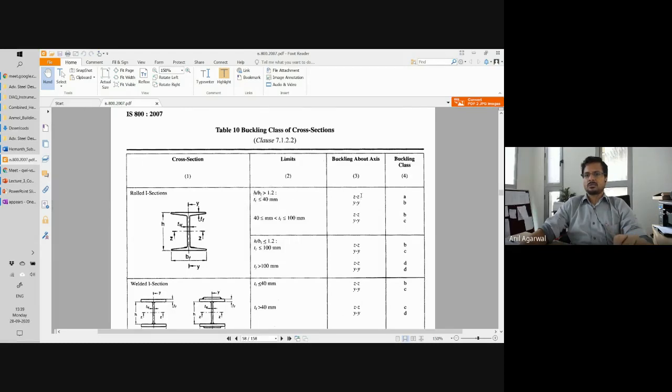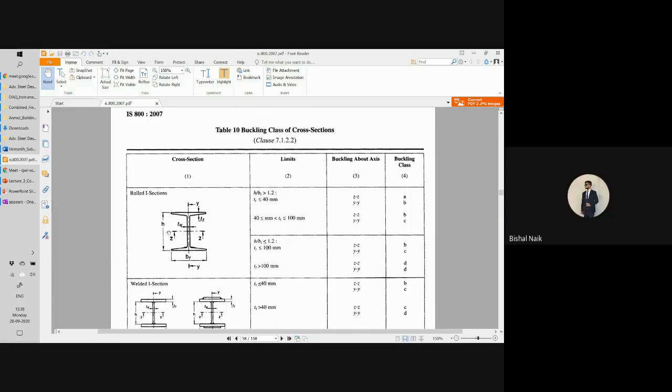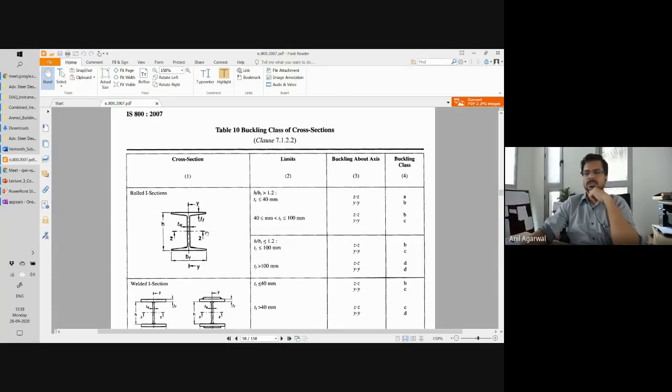If you look at this, about which axis buckling are we talking about? So if we are talking about ZZ axis, is that major axis buckling or minor axis buckling? Buckling about ZZ axis. Major axis, sir. Yes. Sure. Is this the major axis buckling? Yeah, sure, sir.